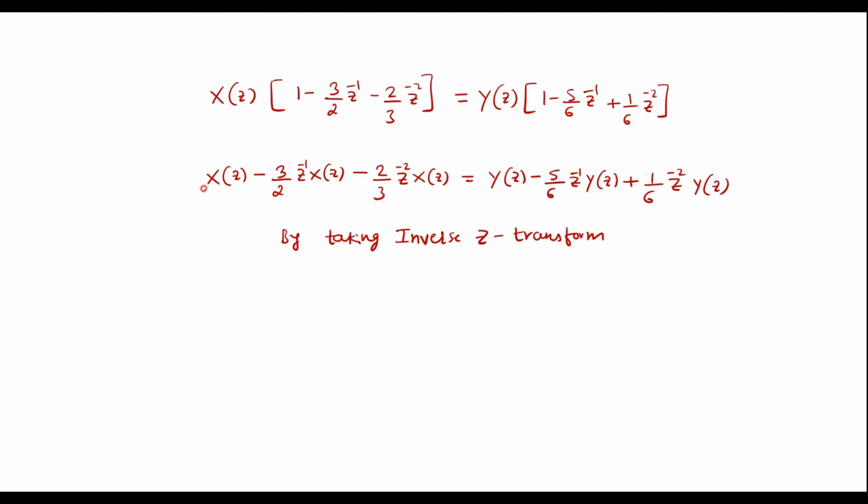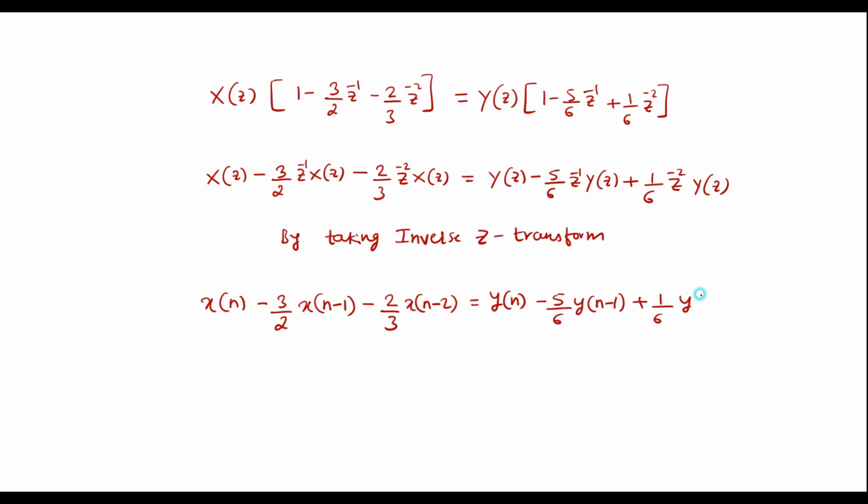The inverse z transform of X of z is x of n, with 3 by 2 as a constant; the inverse z transform of z inverse X of z is x of n minus 1; and minus 2 by 3 x of n minus 2 is equal to y of n minus 5 by 6 y of n minus 1 plus 1 over 6 y of n minus 2.